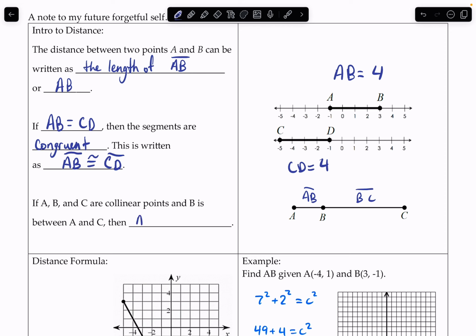That distance from A to B, if we add that to the distance from B to C, that is going to give us the entire distance, right? The total distance from A, so A to B plus B to C gives us all of A and C.